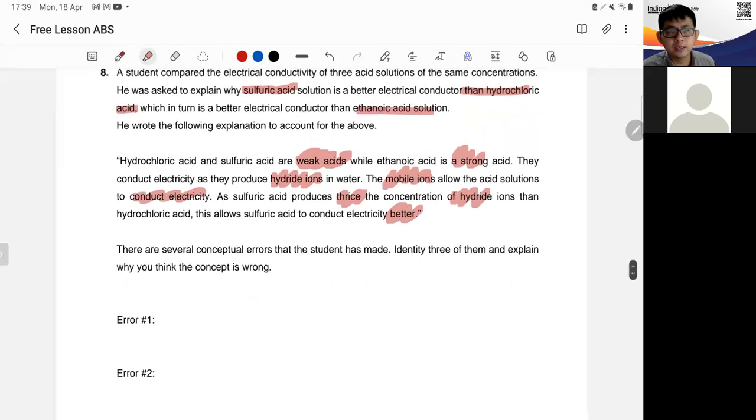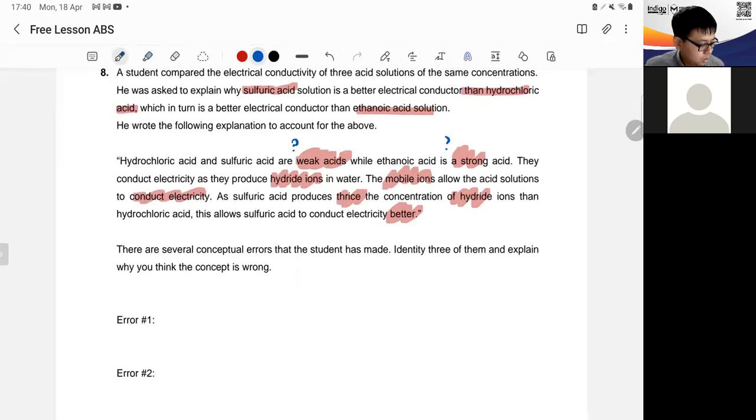So clearly, if you have been following, if you know your stuff as I go along, the words I highlight, clearly some of them are misconceptions. Let's identify them. This one is one of them. Clearly, you know that it's the other way around, right? Hydrochloric acid and sulfuric acid are both strong acids. It's ethanoic acid that is weak.